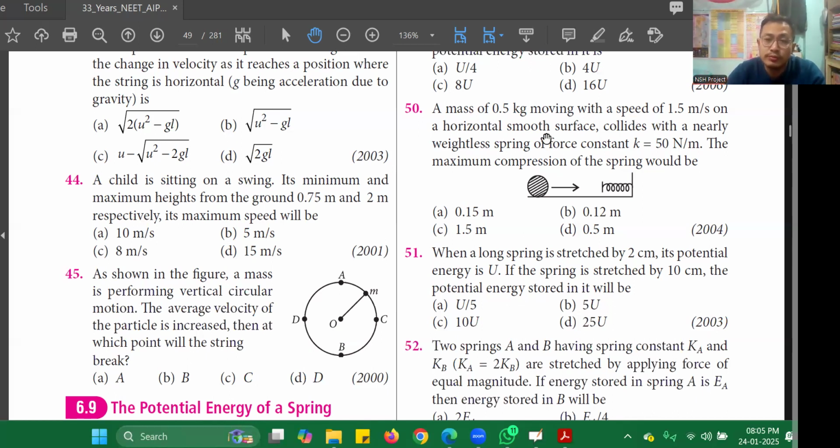Since the surface is smooth, there is no friction. The kinetic energy of this mass is half mv squared, which equals half kx squared, where x is the compression. You have to solve for x.